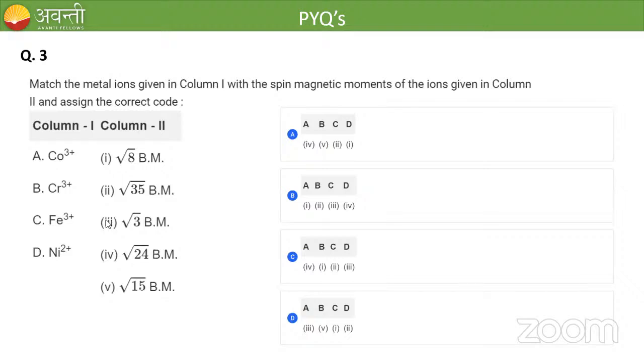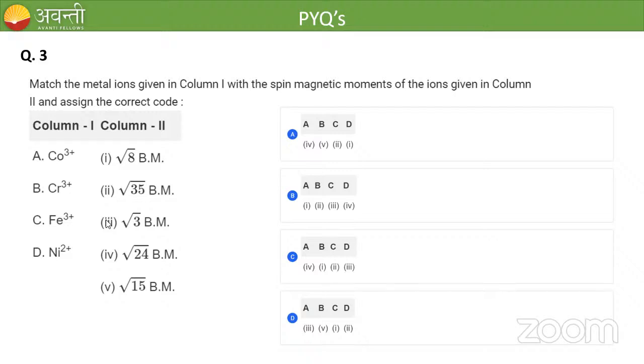Match the metal ions given in column 1 with the spin magnetic moment of the ions given in column 2. It is also very easy, right? Try to find the correct match. Cobalt 3+, chromium 3+, iron 3+, and nickel 2+.